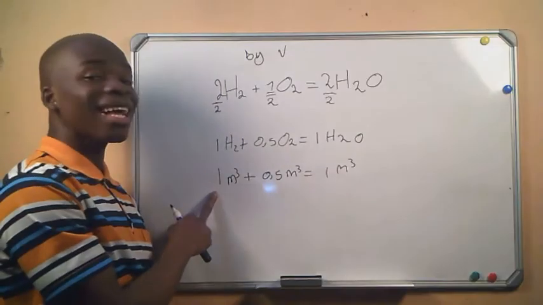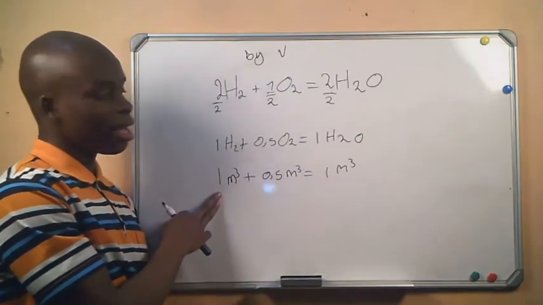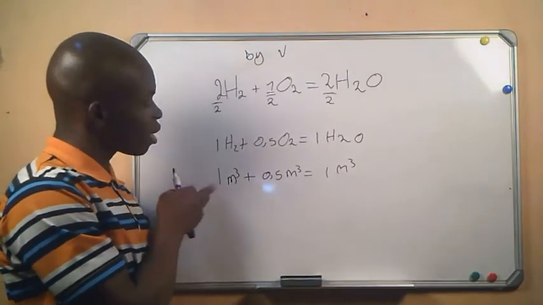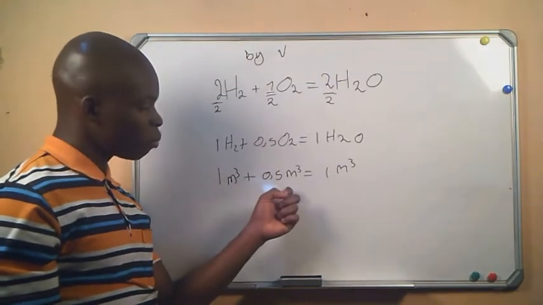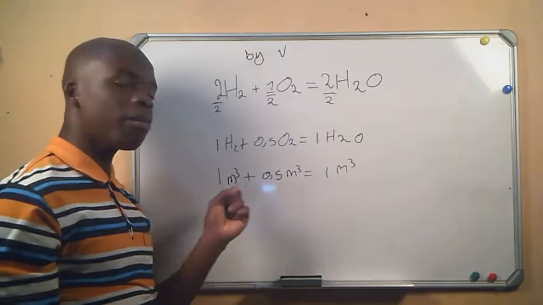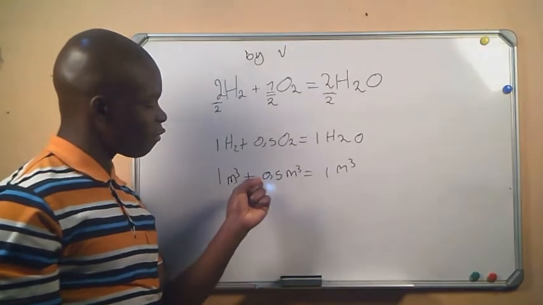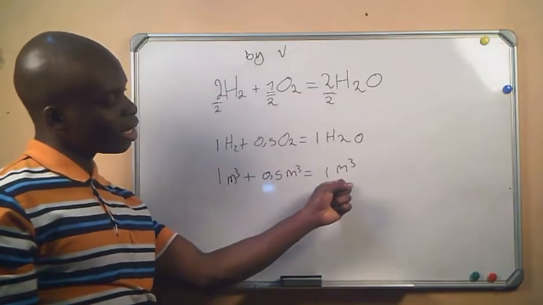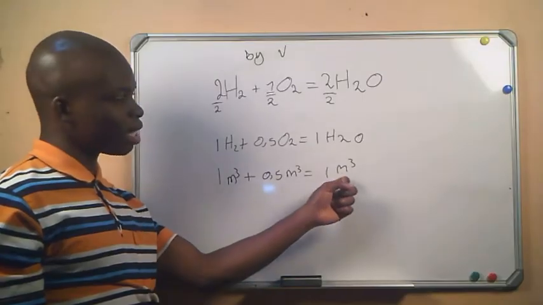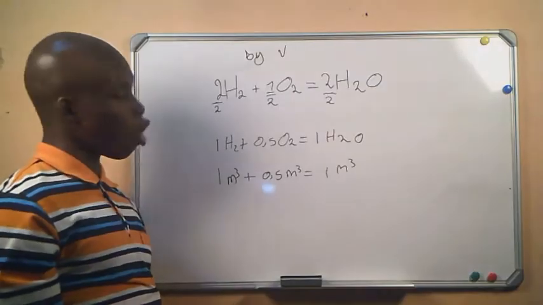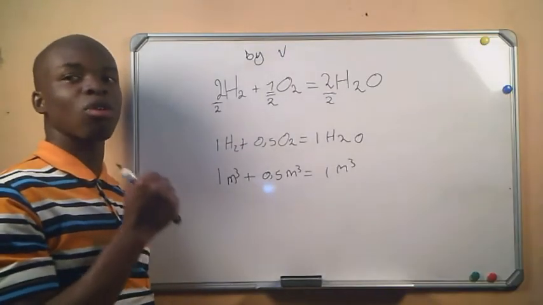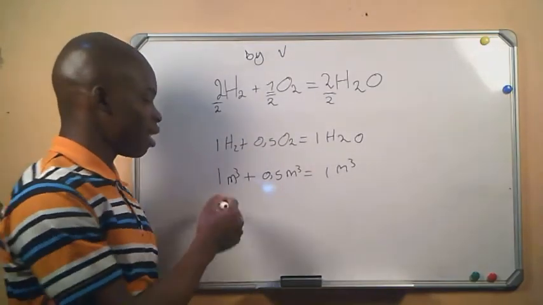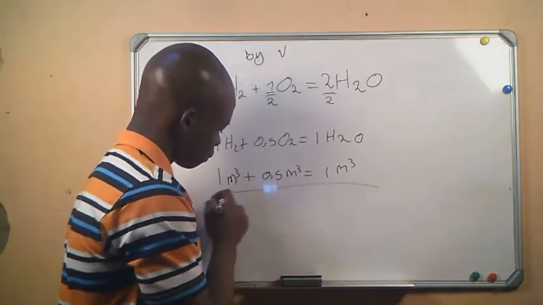For every 1 cubic meter of hydrogen, we will need 0.5 cubic meters of oxygen to completely burn the hydrogen and form 1 cubic meter of water. So this is how we calculate the amount of oxygen required by volume.